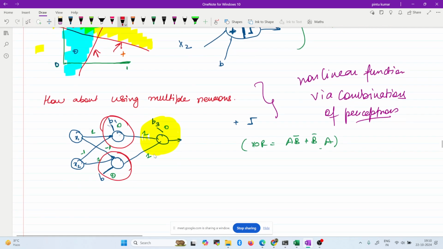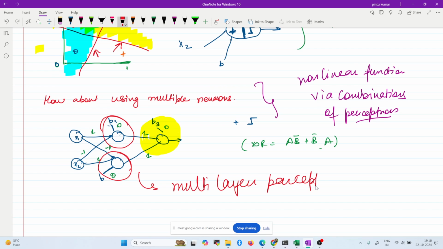This kind of setup is called a multi-layer perceptron, that is, multiple layers of perceptrons you are using together. Later we know this as deep learning or neural network, because this is also a network of neurons or perceptrons.